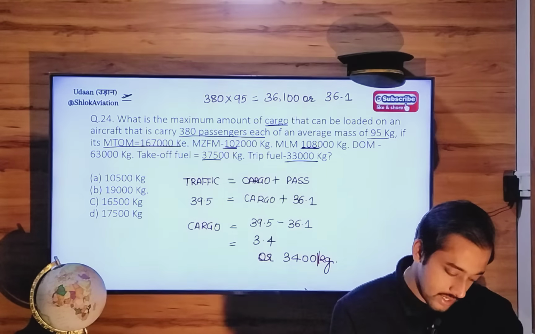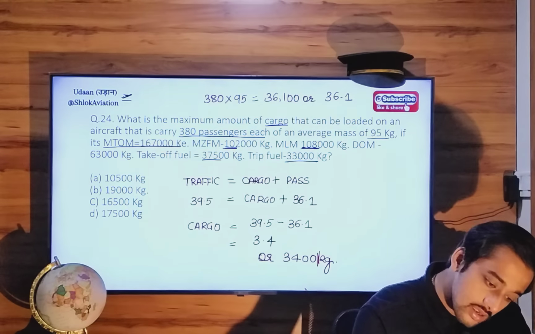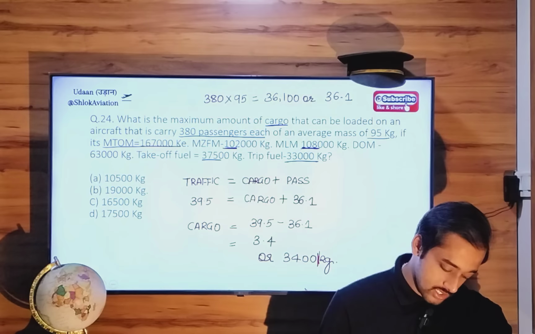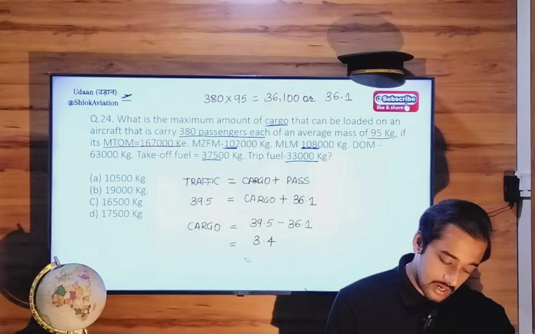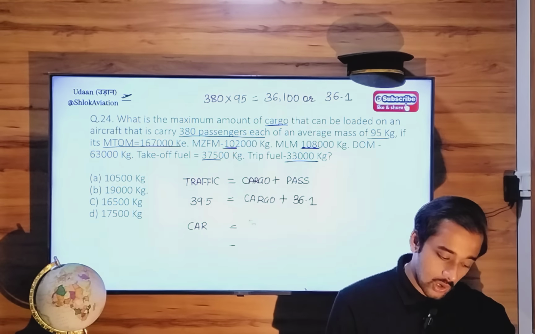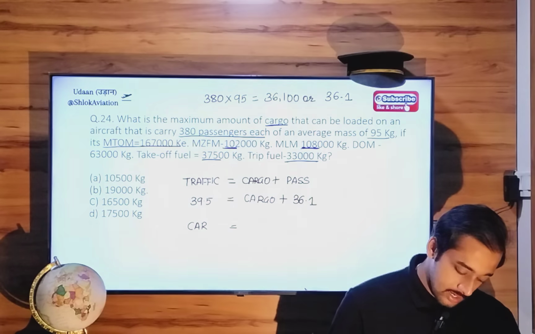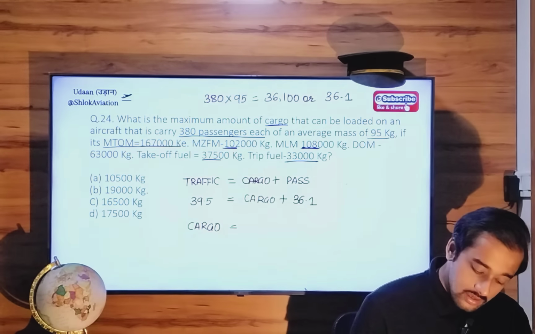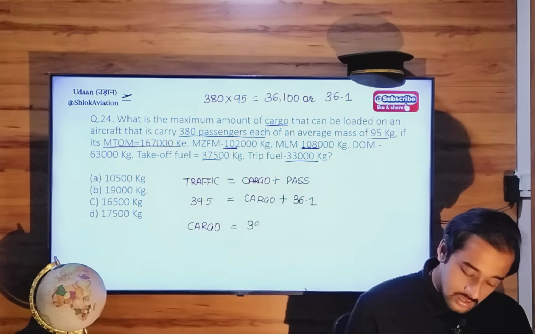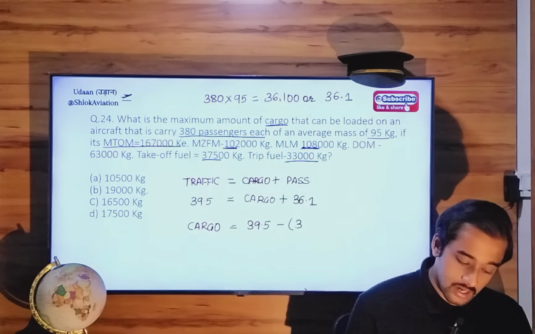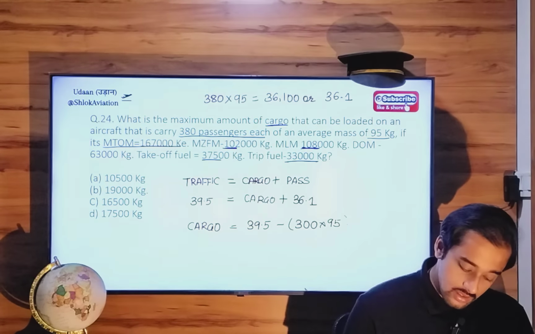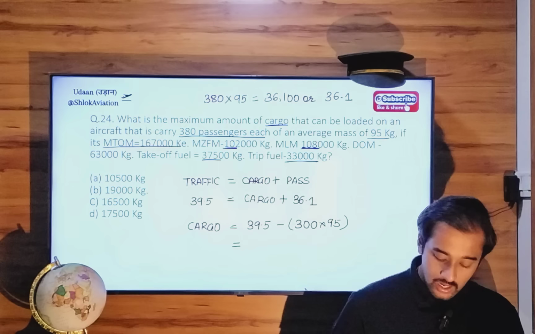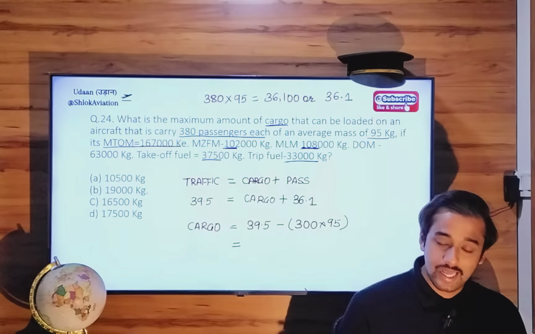So correction here: the value in the book they have taken is 300 passengers and not 380. So in case of 300 passengers, 39.5 minus 300 into 95, and 300 into 95 is 28,500.